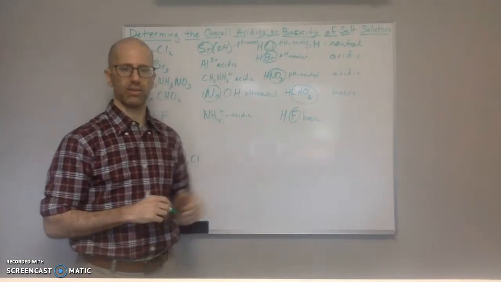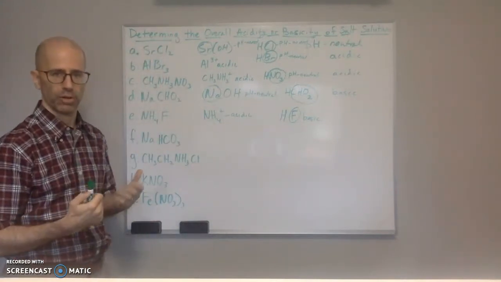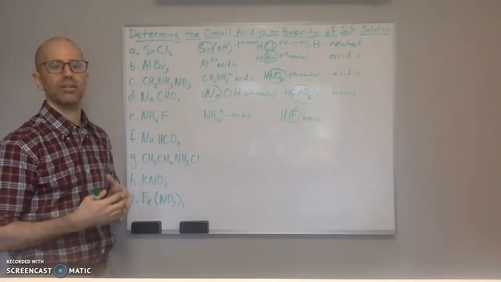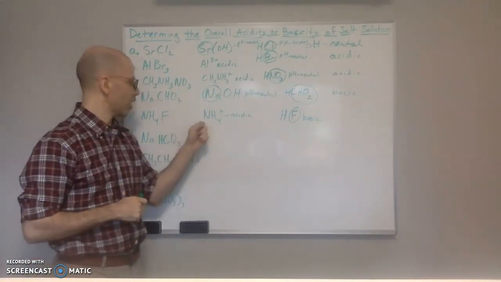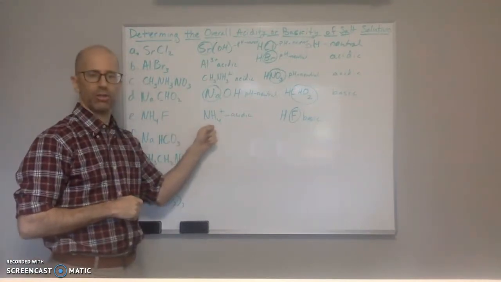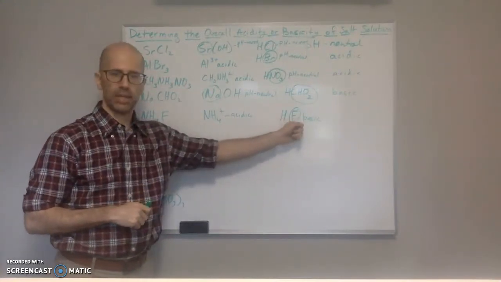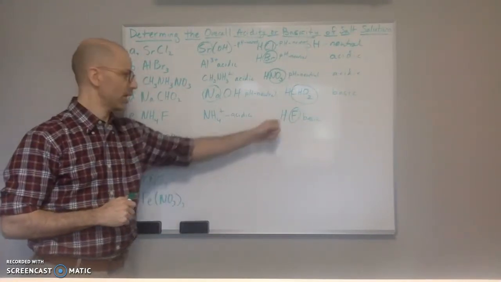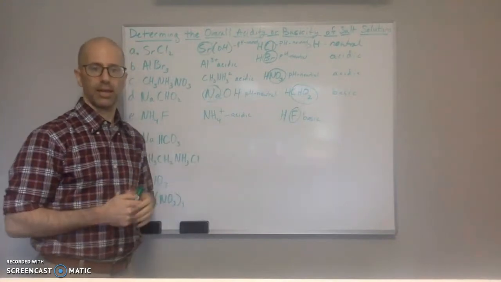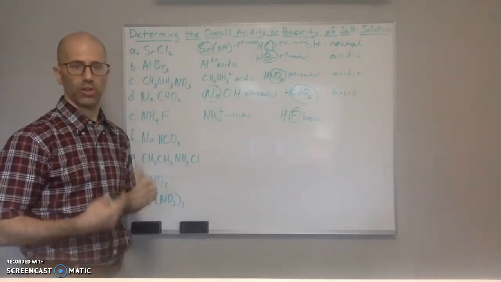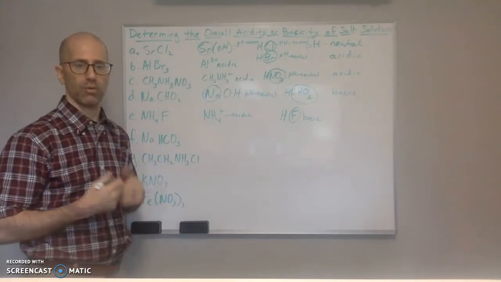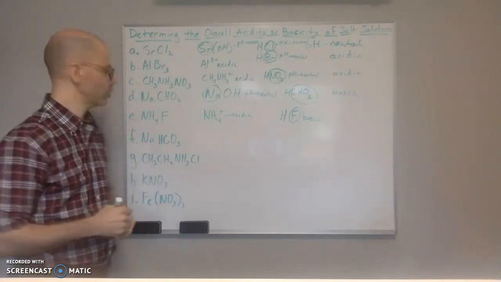We have an ion that's going to be basic in solution. How do we figure this out? This is where we need to compare the Ka value of this conjugate acid with the Kb value of this conjugate base, and then see which one is larger. And the one that's larger is going to be the one that rules the solution.